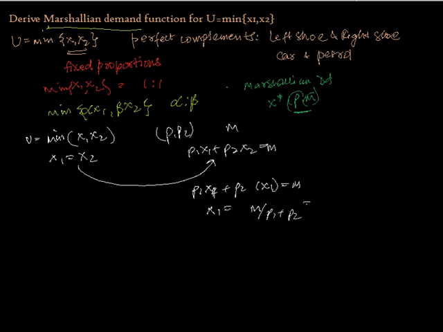And remember that this x1 is a function of income and prices, and this is your Marshallian demand function. And the other thing is that if you substitute this into x1 is equal to x2, you will get x2 also equals m upon p1 plus p2, and hence these are your Marshallian demand functions.